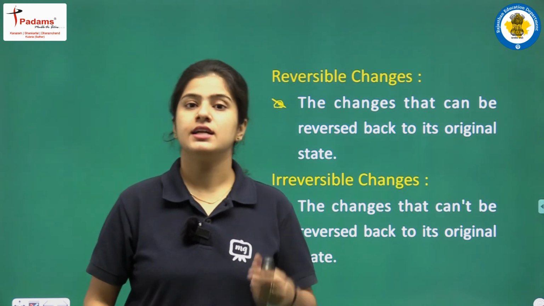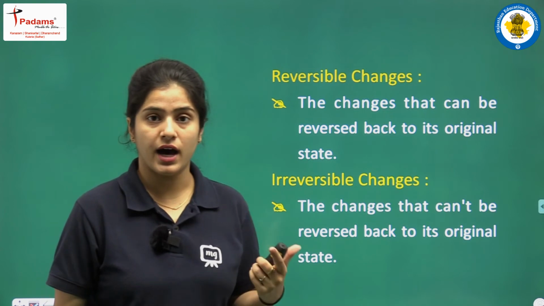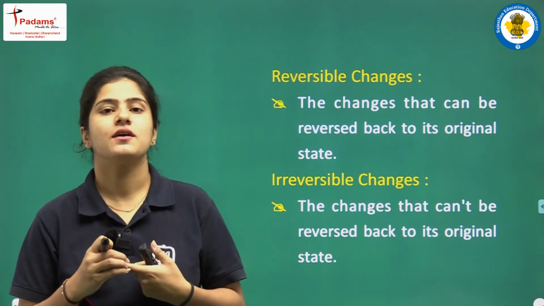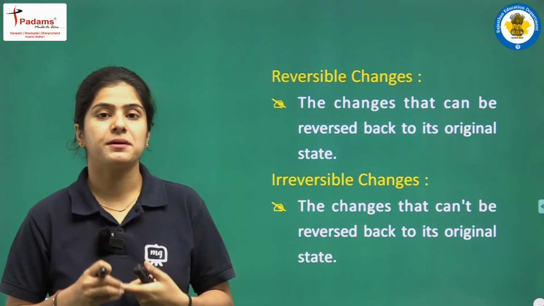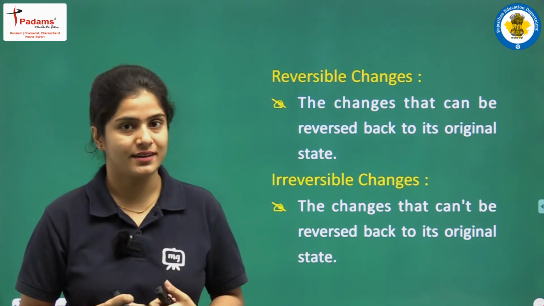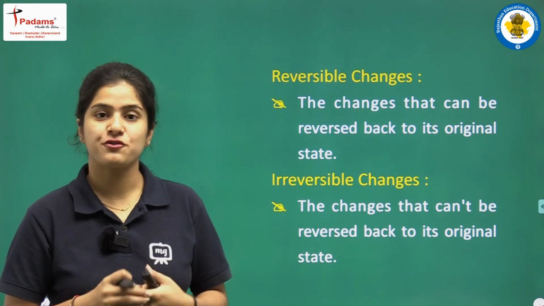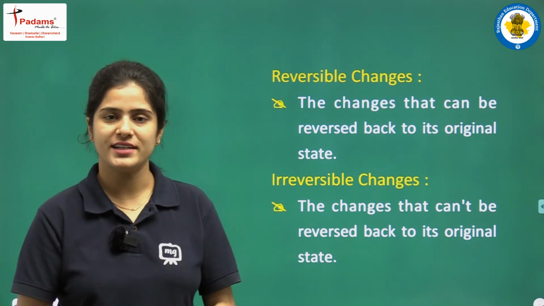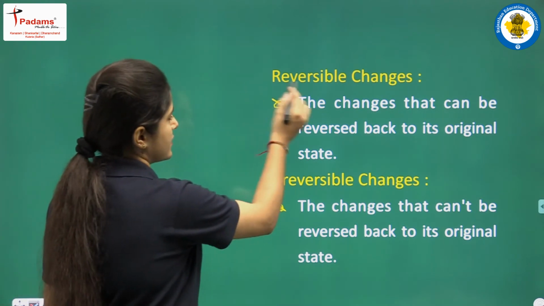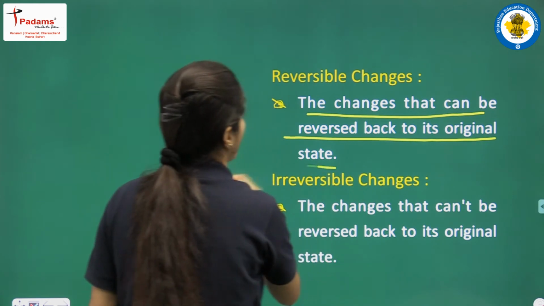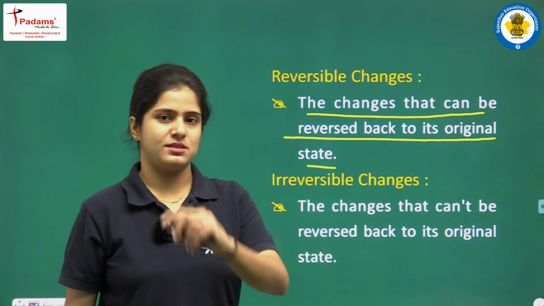For example, we have discussed in activity 1, blowing the air on the balloon. Next, folding the paper to make an aeroplane. The third, making a ball of the dough from a lot of dough, right students. So these are reversible changes, the changes that can be reversed back to the original state.